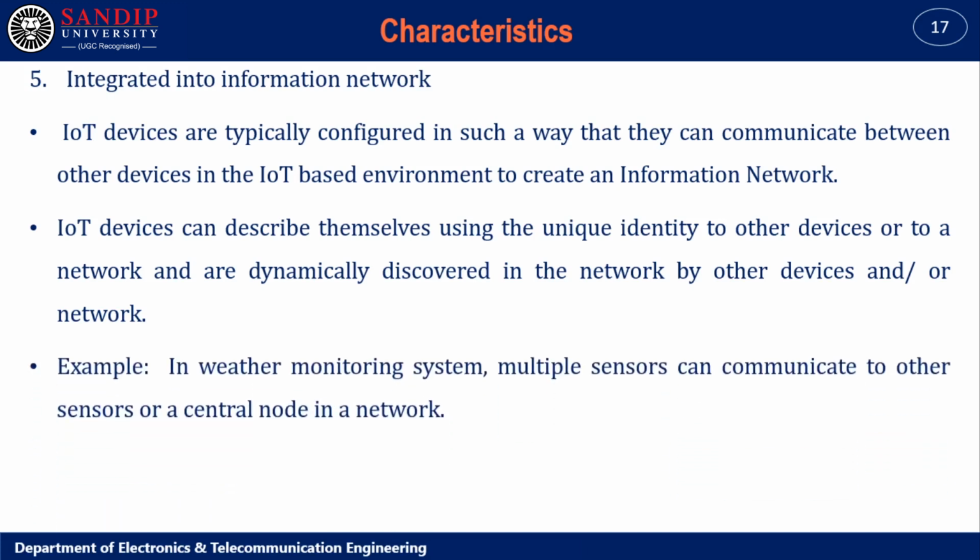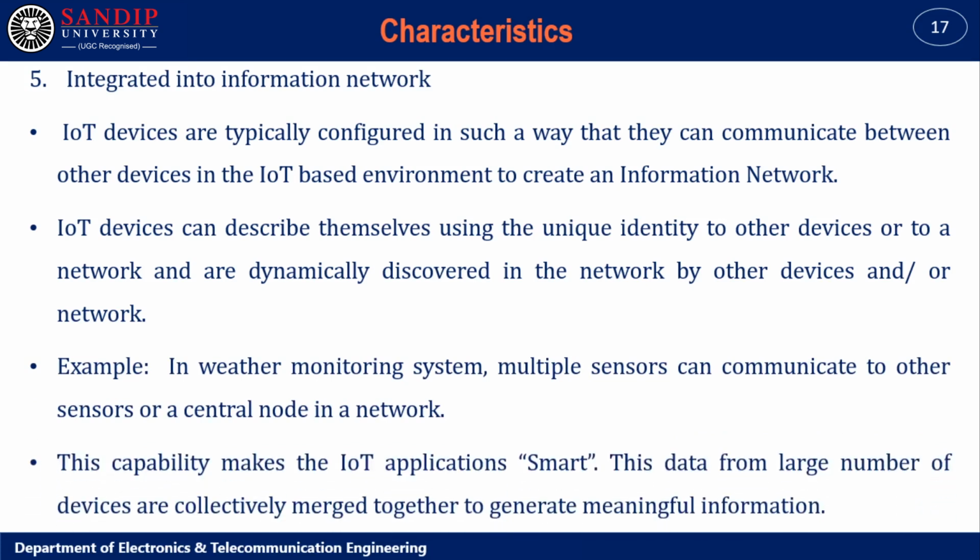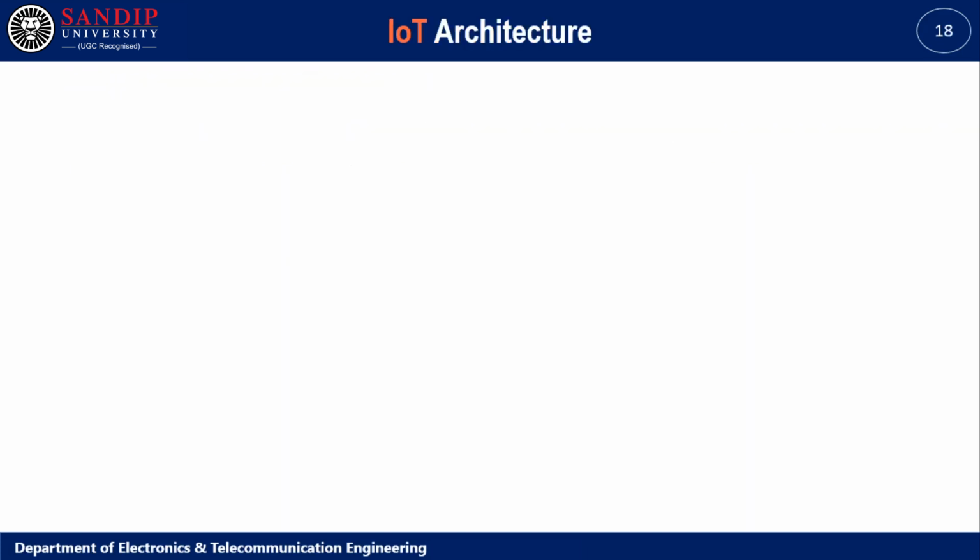For example, in a weather monitoring system, multiple sensors can communicate to other sensors or a central node in a network. This capability makes the IoT application smart. This data from a large number of devices is collectively merged together to generate meaningful information.